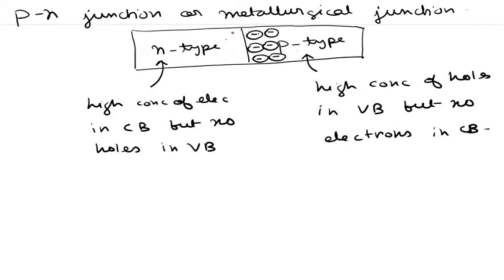So the holes would be accumulated somewhere here near the junction, and holes carry a positive charge. So positive charge would be built up near the junction. Holes would diffuse in this direction, and let me show it here. Electrons would diffuse in this direction.